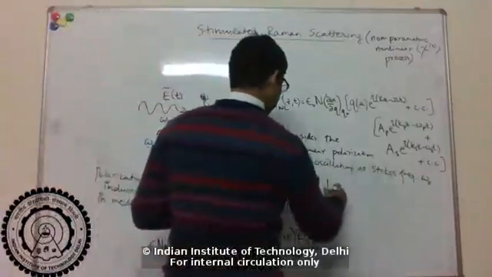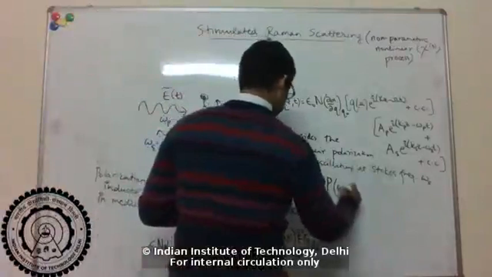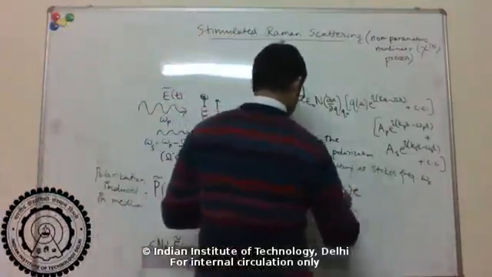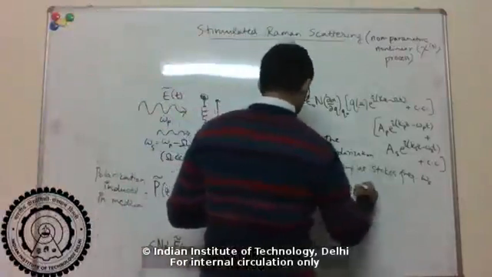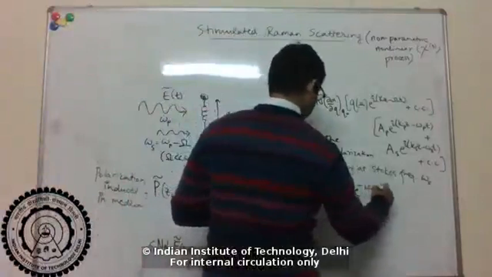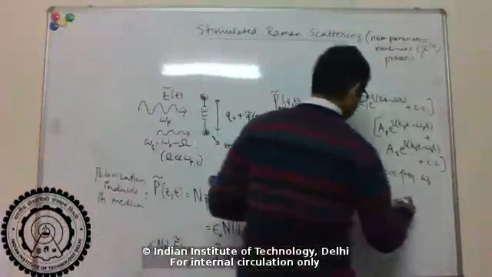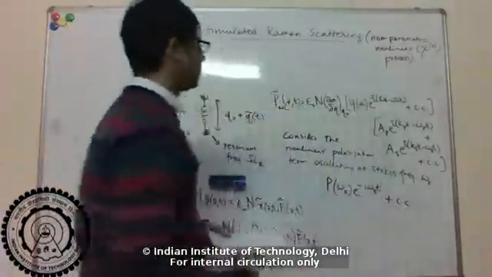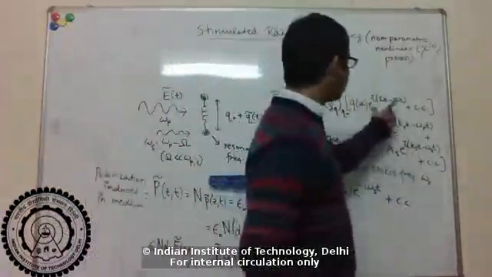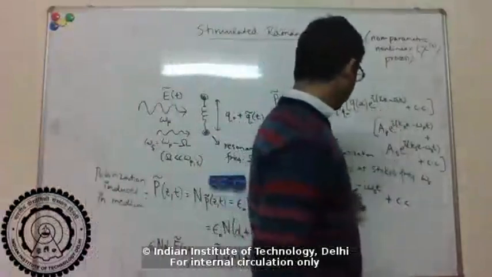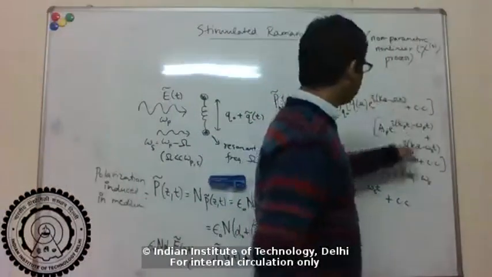So basically, we are looking for the terms which oscillate as e to the minus I omega s t. Right. So from these terms here, we just want to pick out the terms which oscillate as e to the minus I omega s t.